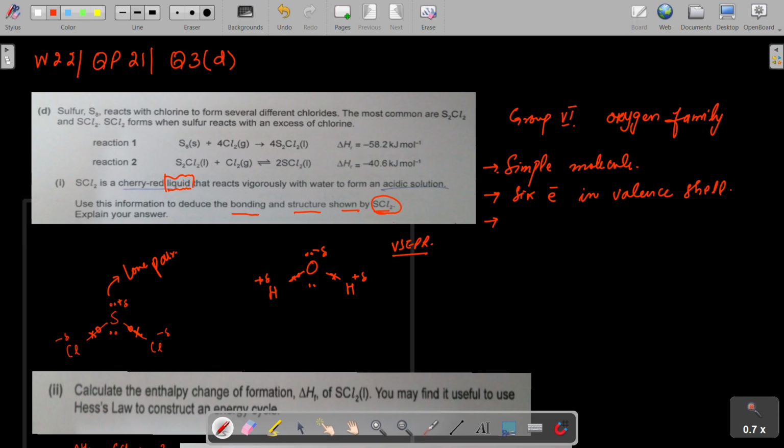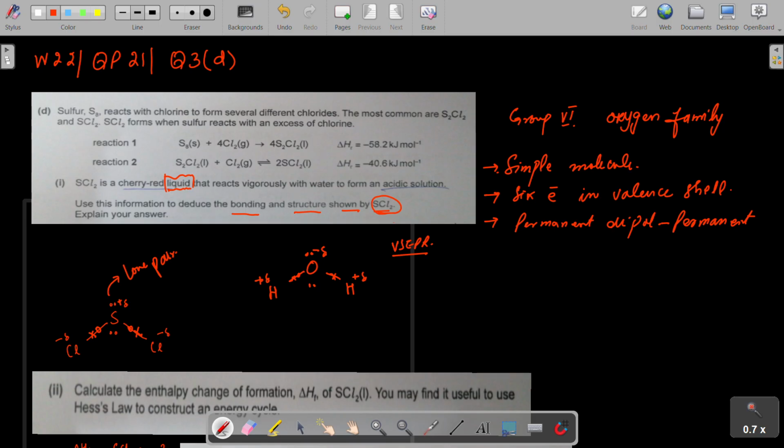As we know, chlorine is in the next group, which is group 7, and it is more electronegative, so due to greater electronegativity it carries a partial negative charge. So there will be permanent dipole forces, which are definitely stronger than simple van der Waals forces.